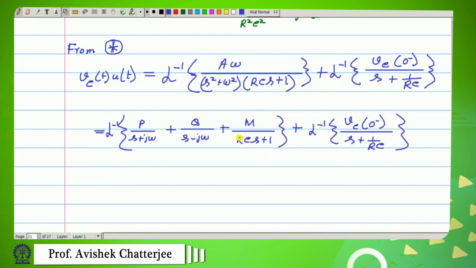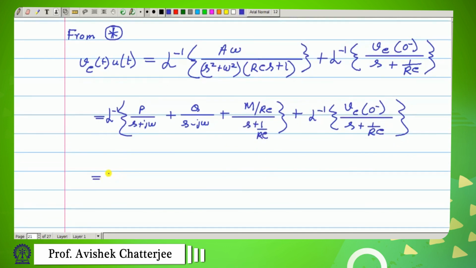Let me divide here by RC, so that will be m by RC and denominator will be (s plus 1 by RC).